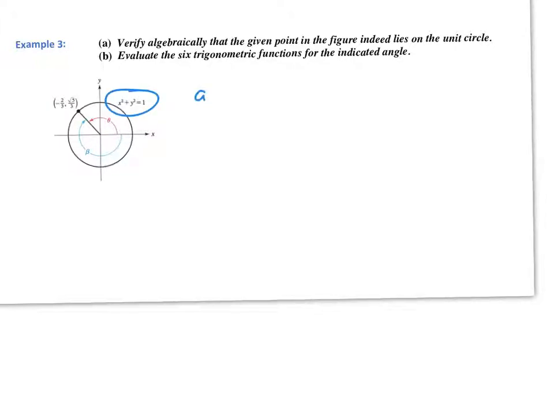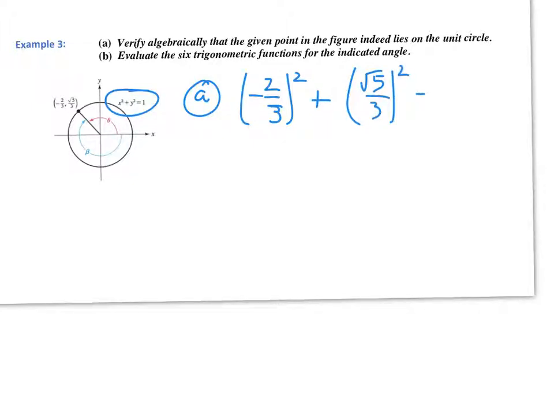Since our x value is negative 2/3, I'm going to plug in negative 2/3 for x and square. I'm going to plug in root 5 over 3 for my y value and square, and see if it equals 1.